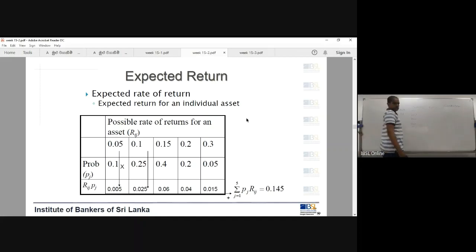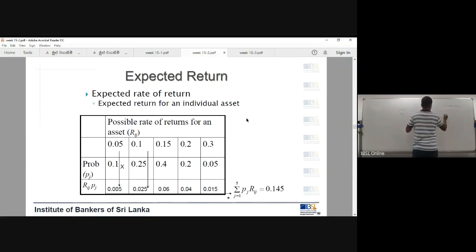You have 5, 10, 15, 20, and 30. The probability into return will be 10% to 5%.